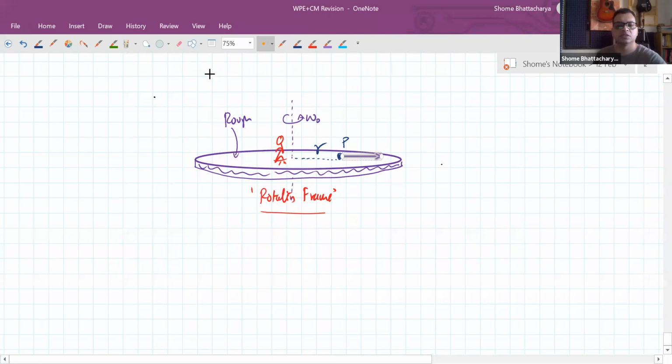So it will be a force which is pointing radially outwards. Okay, this will be the centrifugal force, which is the so-called pseudo force for this particular frame.